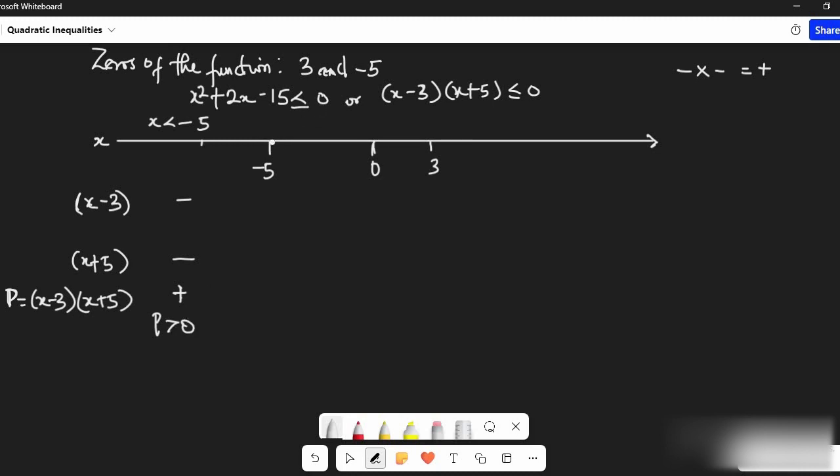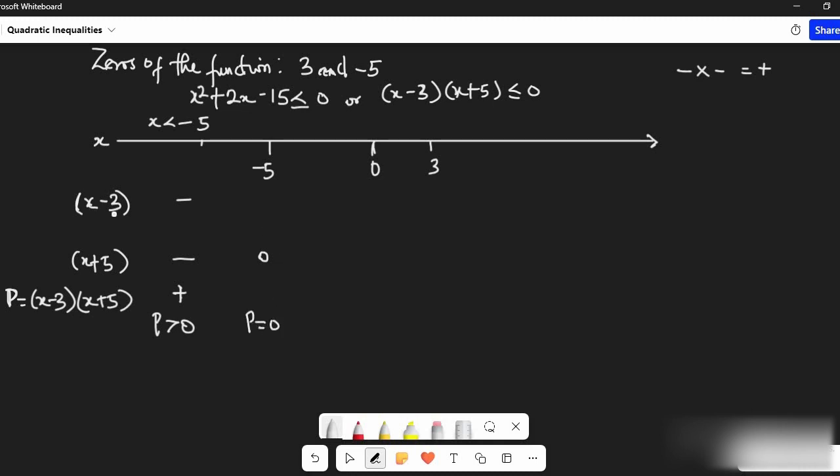Okay, now moving on to 5. When x is equal to -5. Now, we know that when x is -5, x plus 5 is 0, right? Because it's one of the roots of the equation. So meaning that the product will automatically be 0. So we know that the product is 0 here.